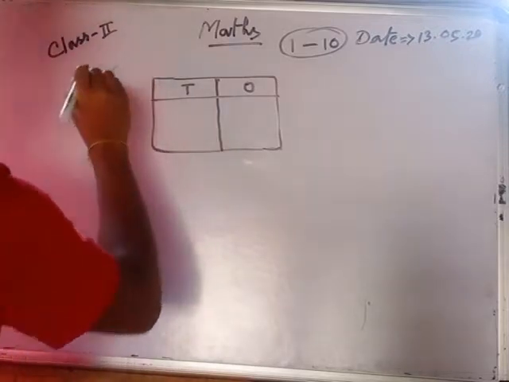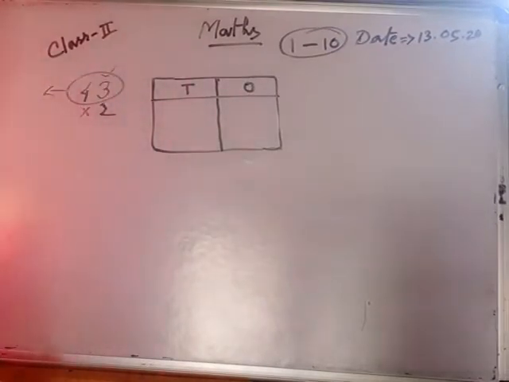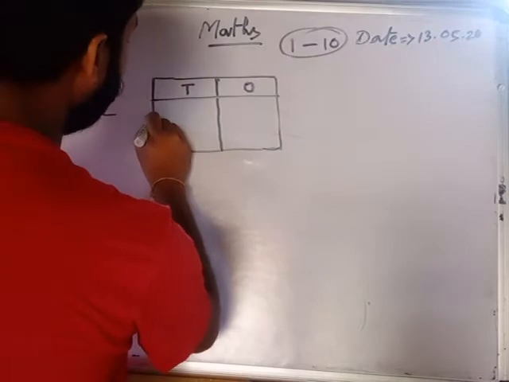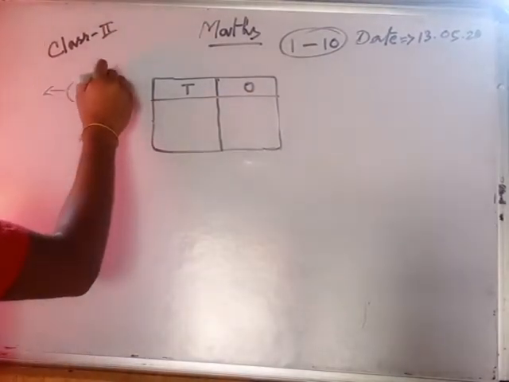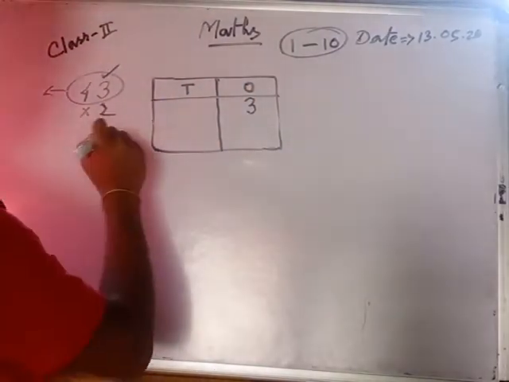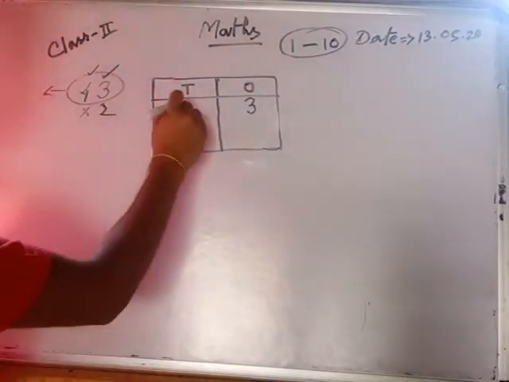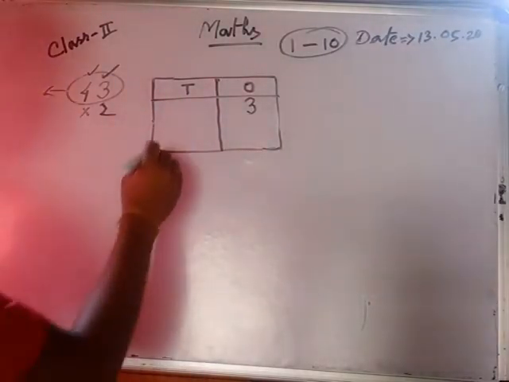So at first we should write here the multiplicand. That means as multiplicand, 3 is at the place of ones, so we should write here 3. After that 4 is at the place of tens, so we should write here 4.